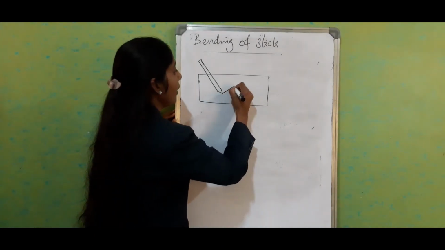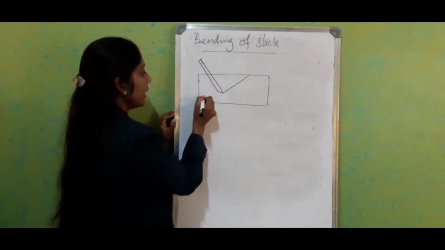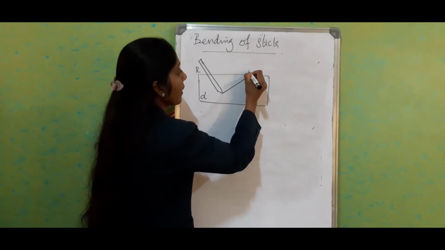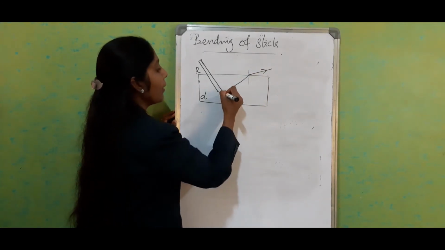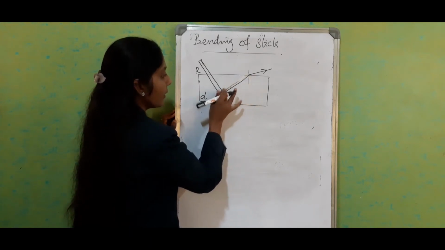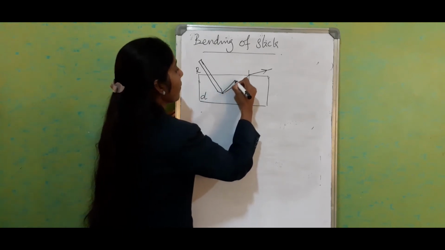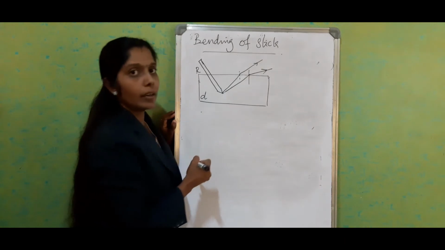One ray goes like this, and as it travels from the denser medium to the rarer medium, it bends away from the normal. We take another ray, and it also bends away from the normal.